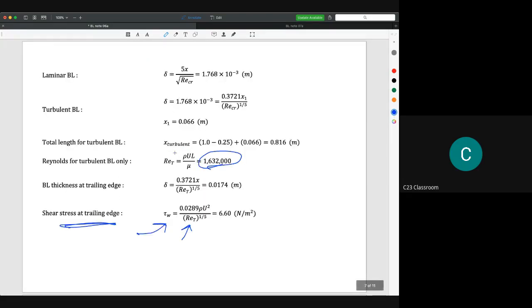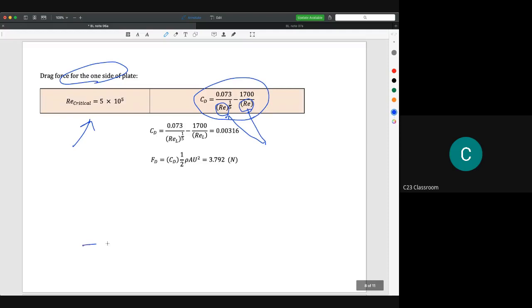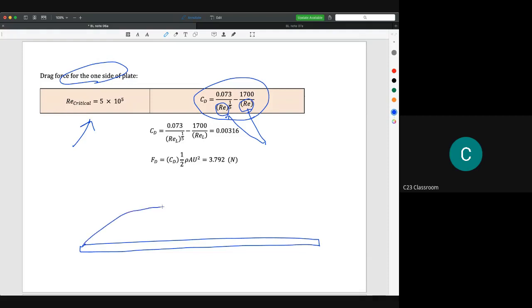Okay, so the idea is, we have a thin flat plate here. So we have a laminar region and then a turbulent region. Let's say we have the imaginary origin for turbulent. For calculating delta and shear stress at this point, shear stress means the resistance, the shear stress that occurs at this point.